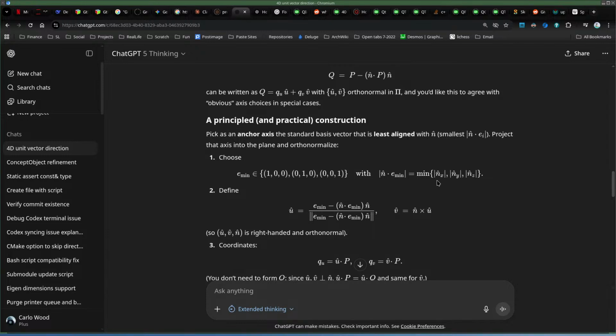Let me think. For example, if n_z is 0, then the normal vector lies in the xy plane. Therefore, we are looking for the e such that the dot product with n equals 0.